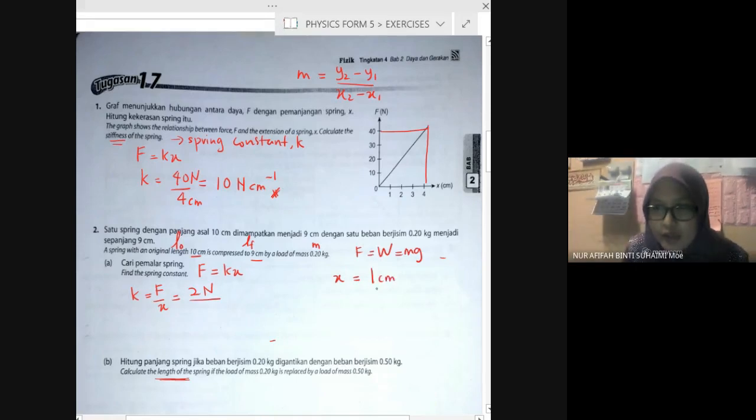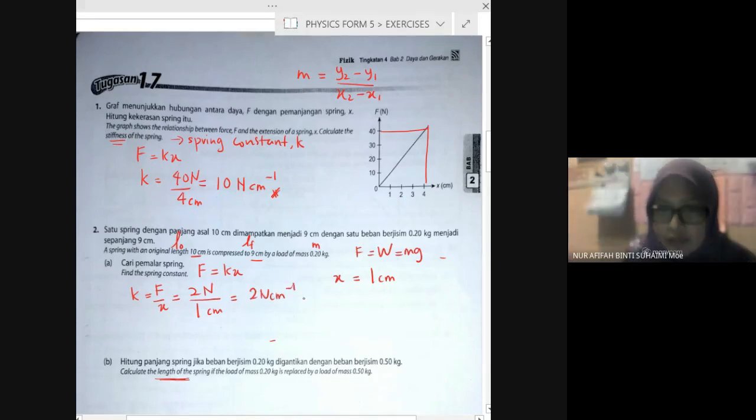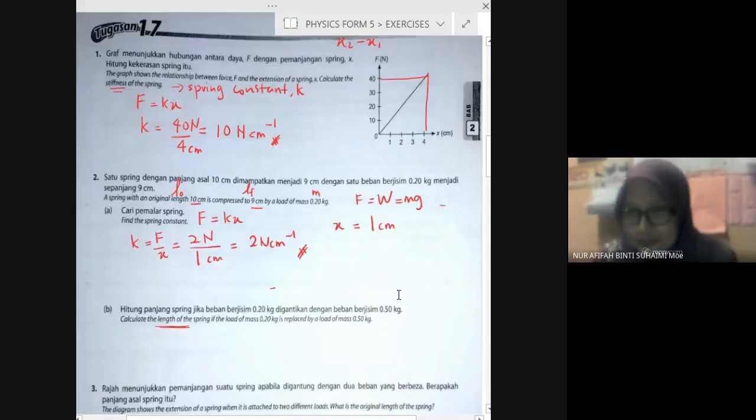Dia compress until 9, so dia punya length become shorter. The difference is 1 cm. So K is 2 Newton cm negative 1. Okay, easy, right? Setakat ni easy lagi lah.